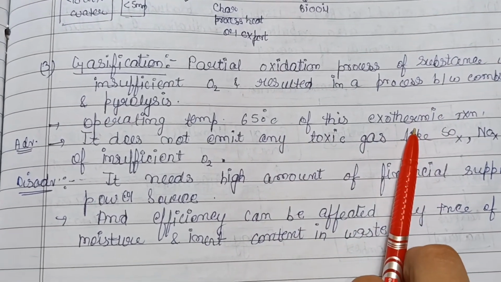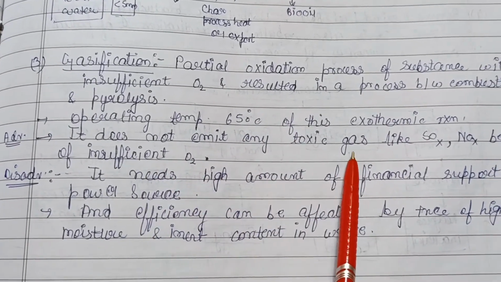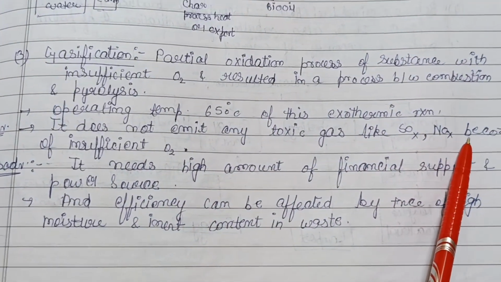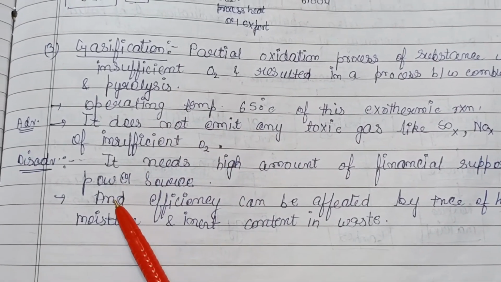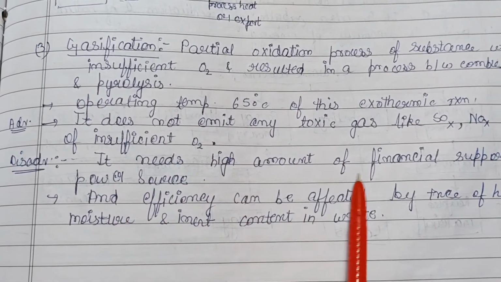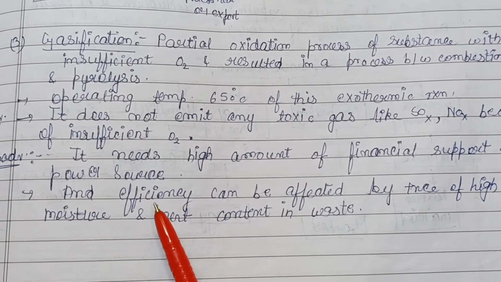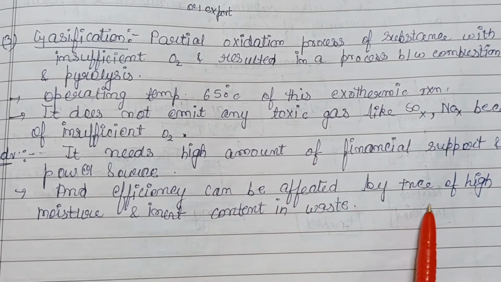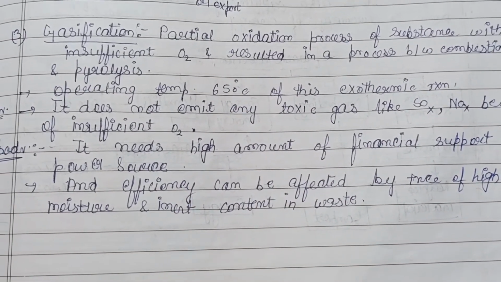Exothermic means heat is released in this. The advantage is that it does not emit toxic gases like SOx and NOx, because of insufficient oxygen. The disadvantage is that it needs a high amount of financial support and a power source, and efficiency can be affected by the presence of high moisture and inert content in the waste.